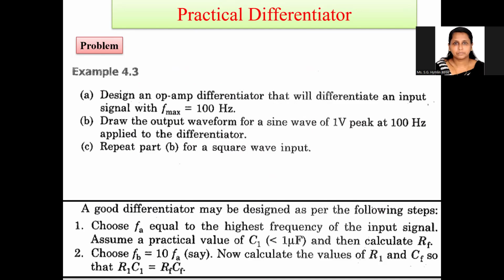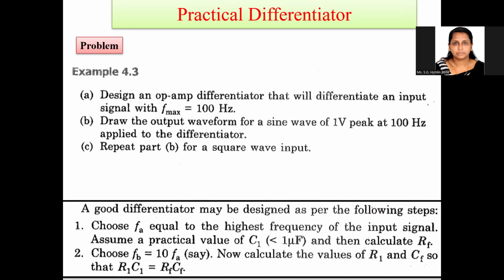Before solving the problem, you have to know the two conditions for a good differentiator. One is to choose fa equal to the highest frequency of the input signal, assuming a practical value of C1 less than 1 microfarad, and then calculate RF, that is the feedback resistance.